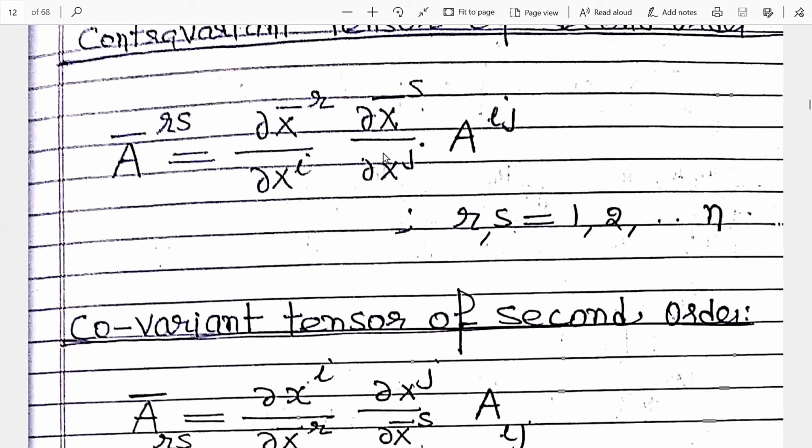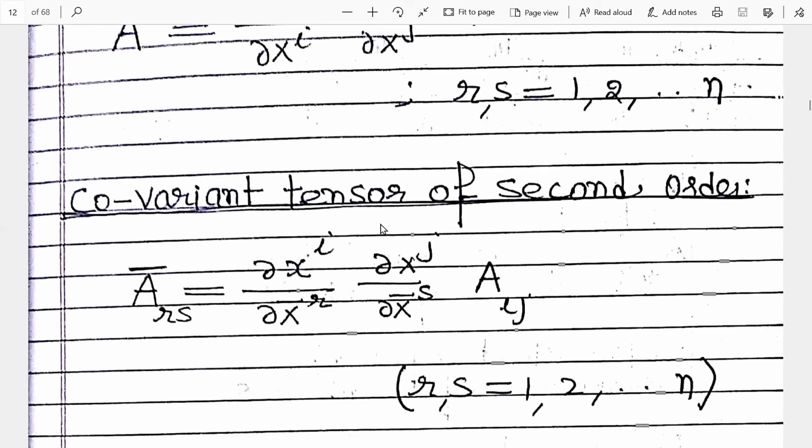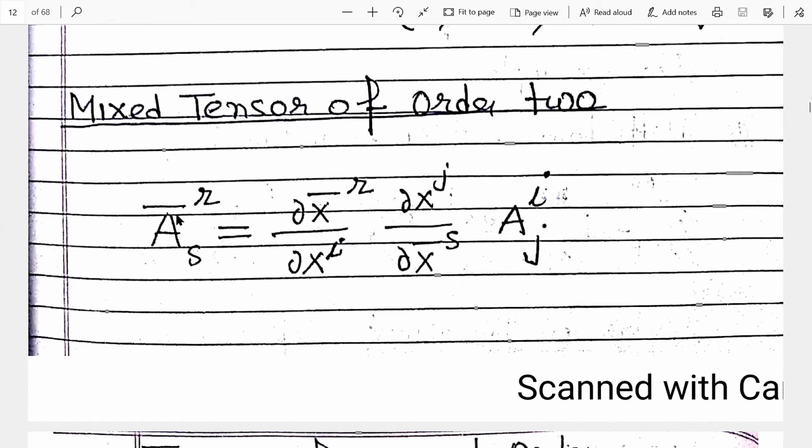So contravariant, covariant. Now if we have one contravariant and one covariant, in that case the tensor is called a mixed tensor. For example, A bar, this is contravariant and this is covariant. Remember this. We write in a similar manner A ij. Now in contravariant, its variable is on the upper part.